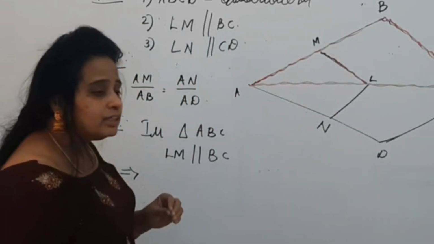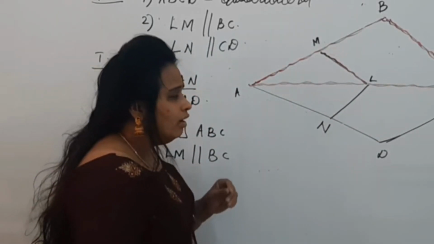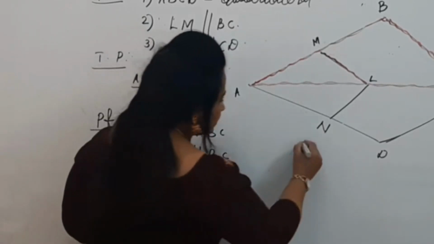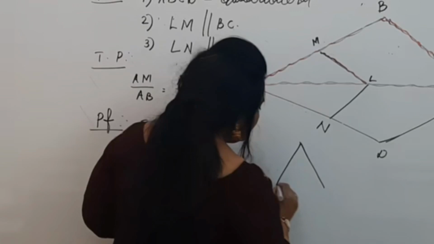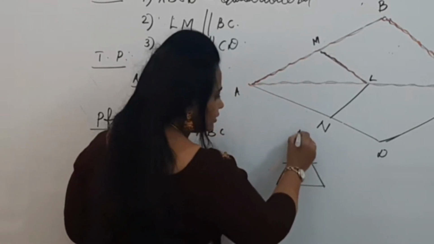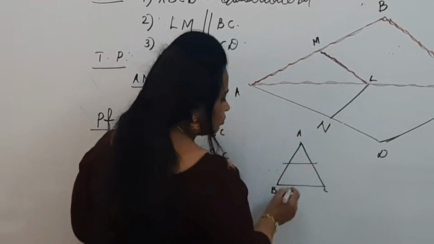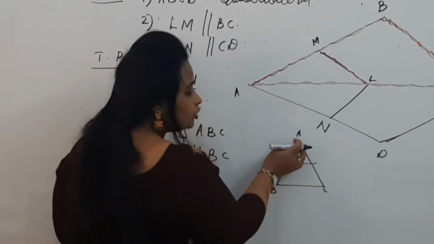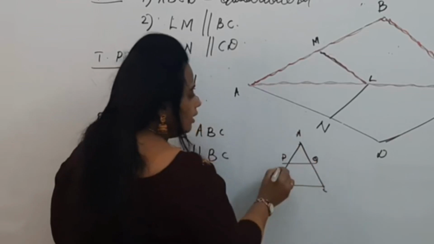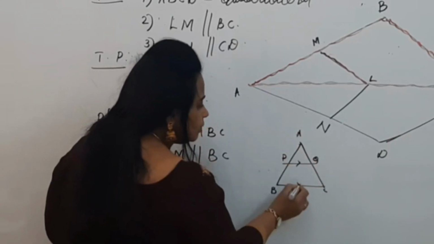Children, many of the students still have a doubt about where to take the ratio from. I tell you, this hint will help you a lot. You can see ABC is my triangle and this is my top vertex, and PQ is my line which is parallel to BC.